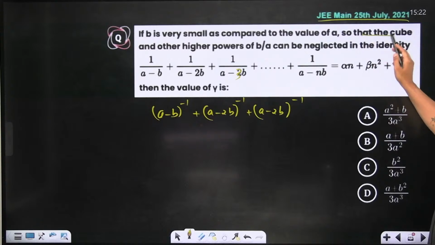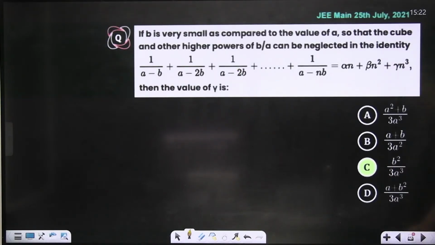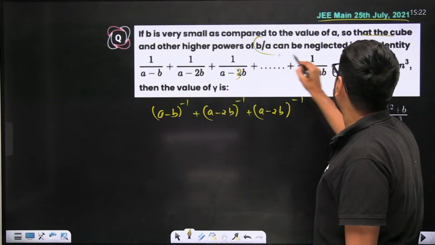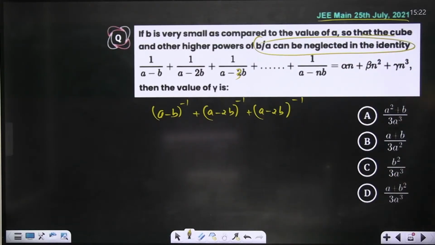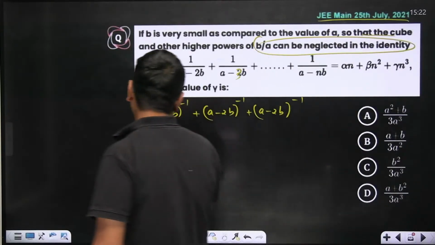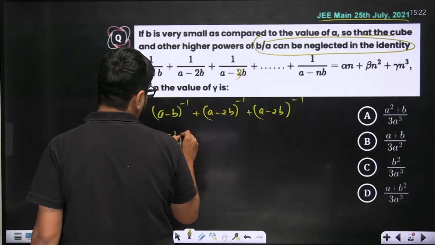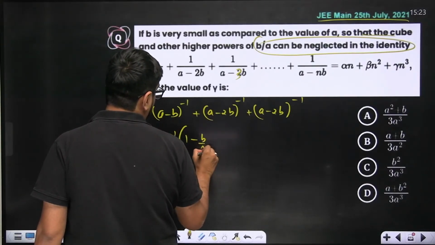The cube of b is very small, so we can ignore b cube and the higher powers. It is saying higher powers of b by a can be neglected. So we create b by a by dividing by a. If we take a to the power -1 common, we get (1 minus b by a) to the power -1.